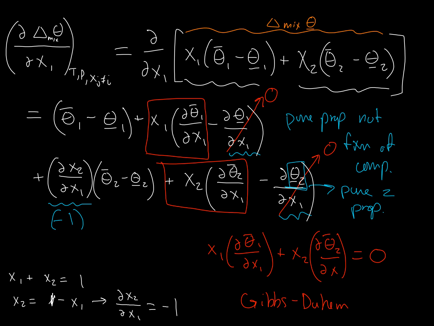Okay, so this simplifies down very nicely to d delta mix of theta dx1 at constant temperature and pressure is equal to just theta over bar of 1 minus theta under bar of 1.